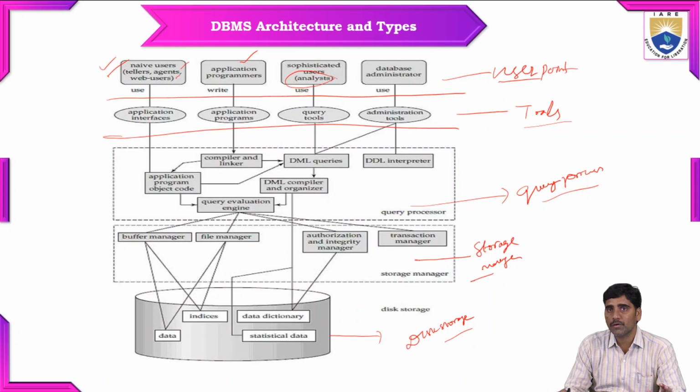The analyst performs the analyzing of the entire database. How the database is generated, what the database contains, how the database is interacting with the users, everything they will analyze. And the last one, DBMS, database administrator.